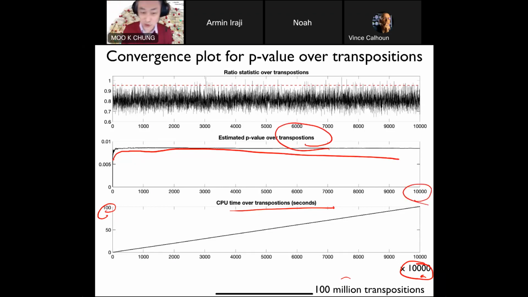No one is going to do 100 million permutations unless you have a supercomputer, but we can because our computation is so fast. If you want to, you can do 100 billion. I don't think even on a laptop, 100 billion should take more than, I would say, 1 hour or so.